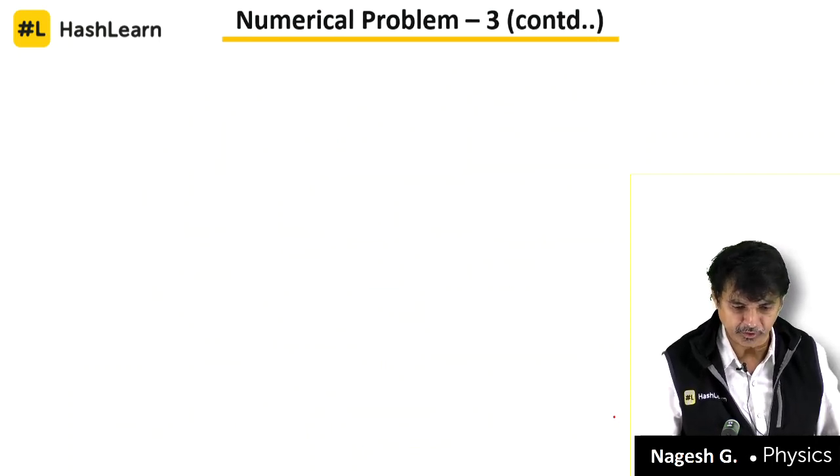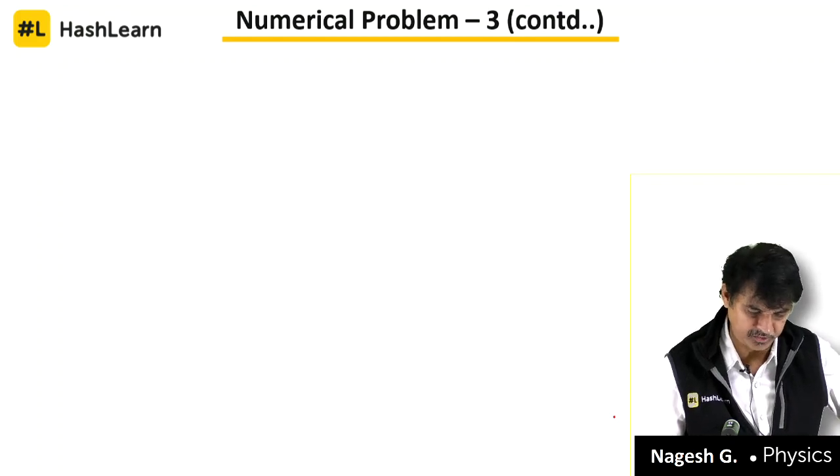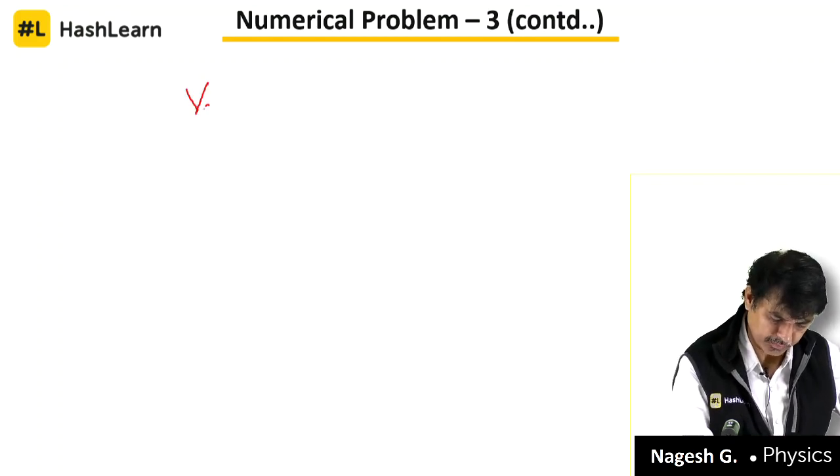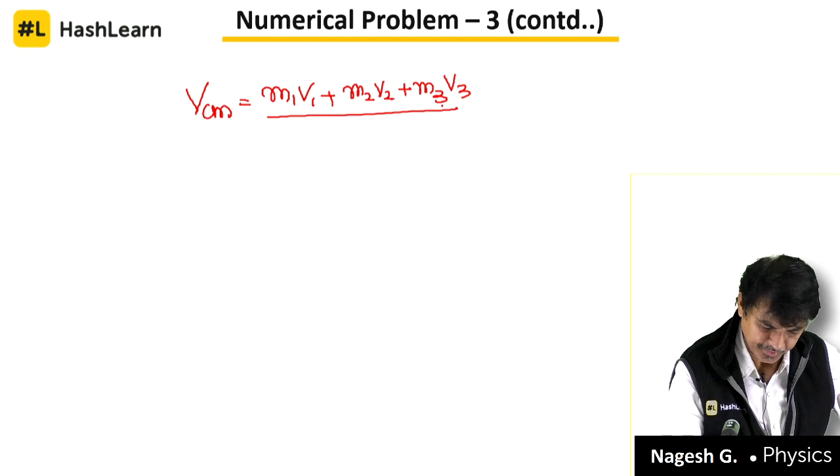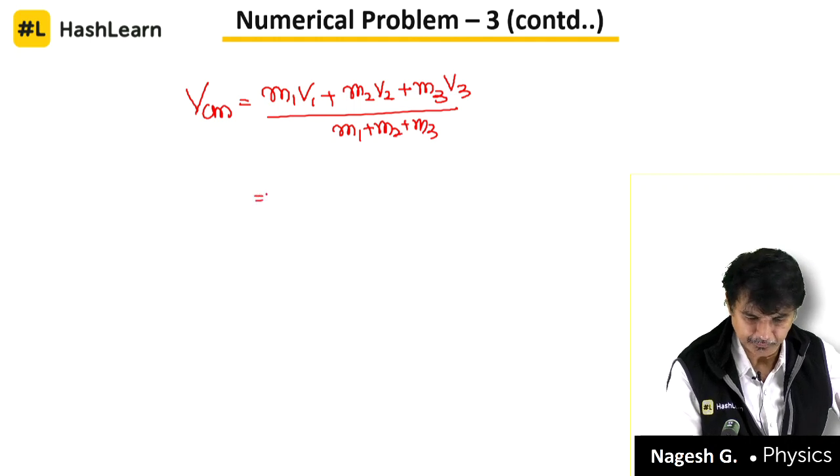Second part: I asked the velocity of the center of mass of the system. How many blocks are there in the system? Totally there are 4 blocks. It is m1 v1 plus m2 v2 plus m3 v3 divided by the total mass m1 plus m2 plus m3.